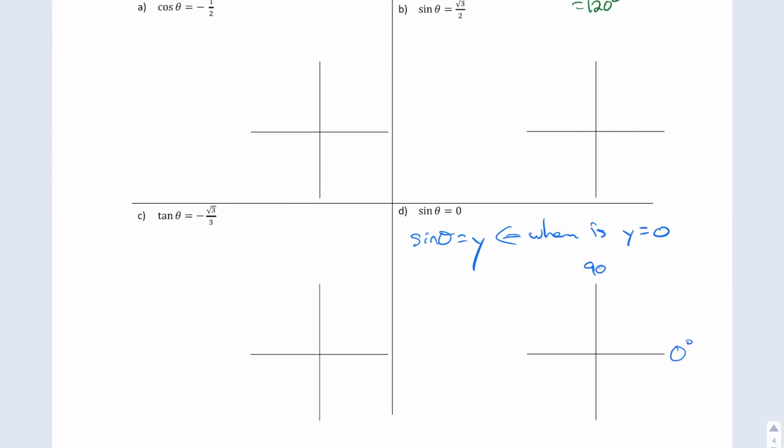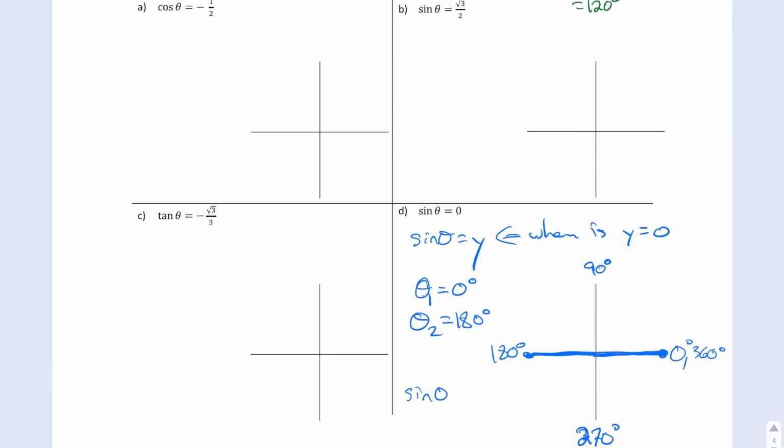So in these four options, really, 270, actually it could be 360 as well. So when is it going to be 0? Well, I know that y is 0 here, and I know that y is going to be 0 here. So we've got theta is equal to 0 degrees, or theta could also be 180.